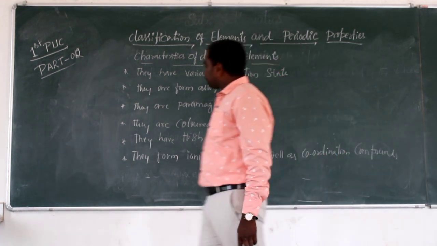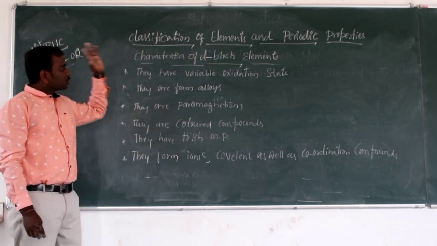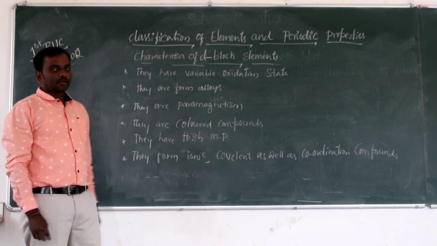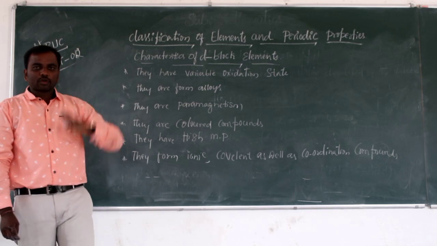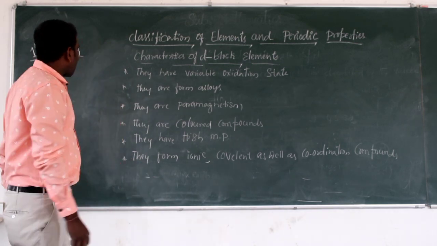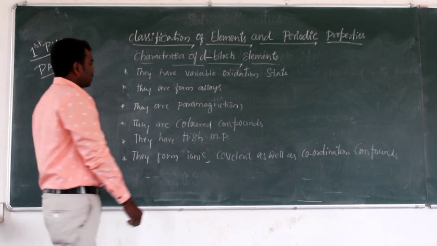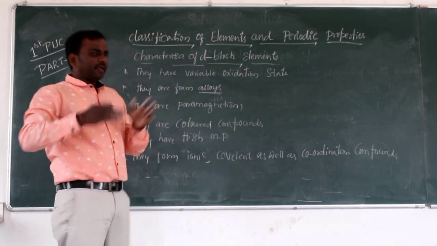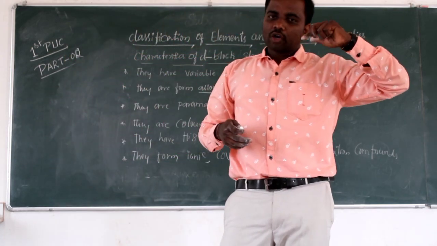The first characteristic is they show variable oxidation state, meaning different oxidation states. Is it clear? And they form alloys. Alloys are mixtures of metals and non-metals.